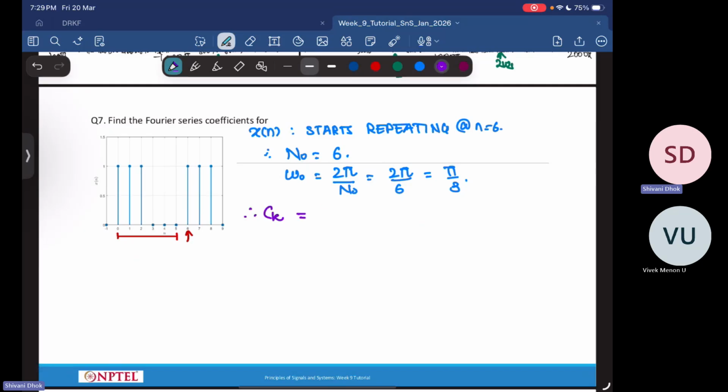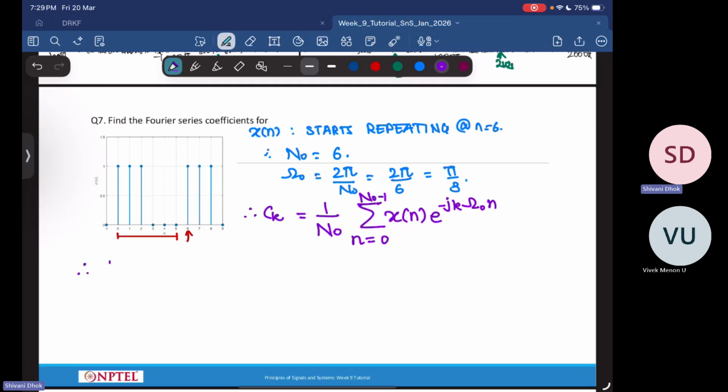So therefore Ck is 1 over n naught summation n running from 0 to n naught minus 1 x of n into e power minus j k omega naught, this is capital omega, sorry, omega naught n. Okay.